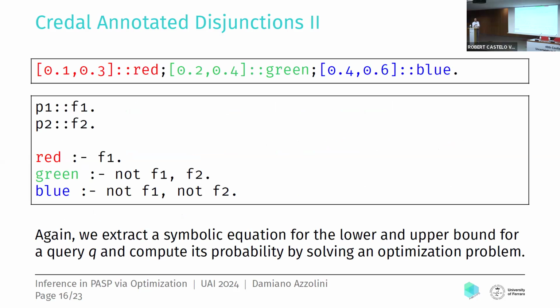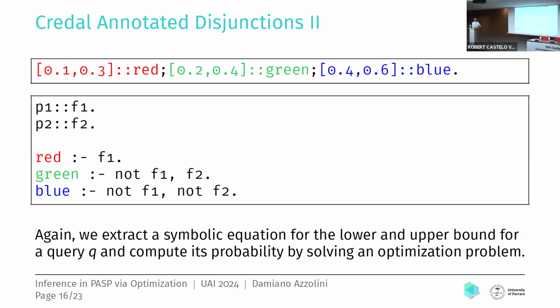We can convert this kind of statement into a program by adding two new facts, still symbolic. We do not specify the probability of these facts, and these are fresh facts that do not appear elsewhere in the program. And then three rules that simulate this disjunction. Red is true if F1 is true, green is true if F1 is false and F2 is true, and blue is true if both F1 and F2 are false.